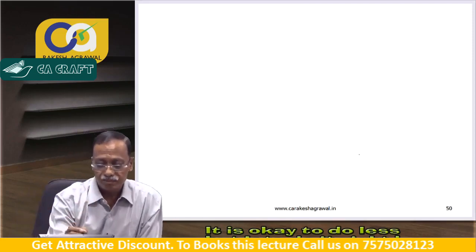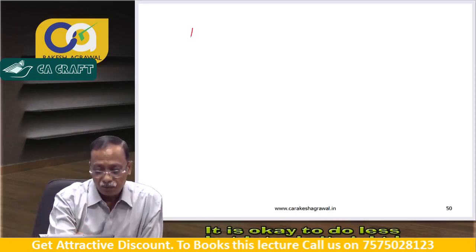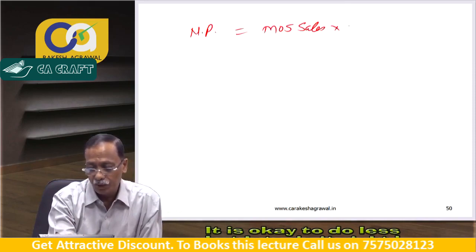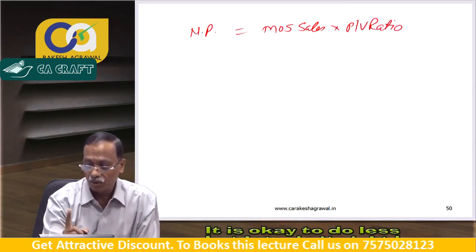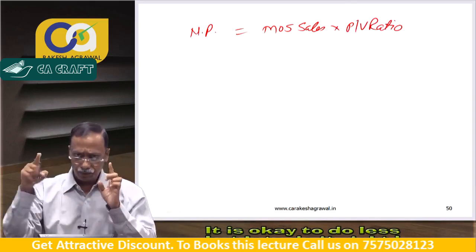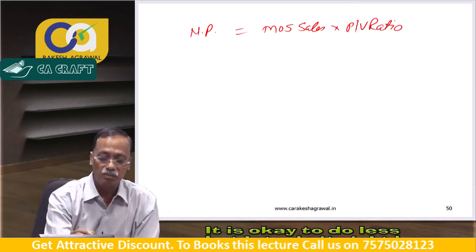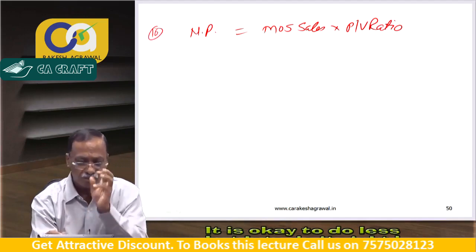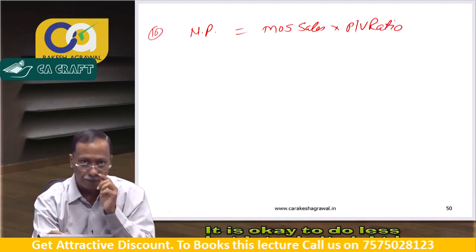Just understand first. See, we had one formula called net profit is equal to margin of safety sales into PV ratio, correct? This is actually formula number 16 written in your list of formulas. I will just twist this formula.